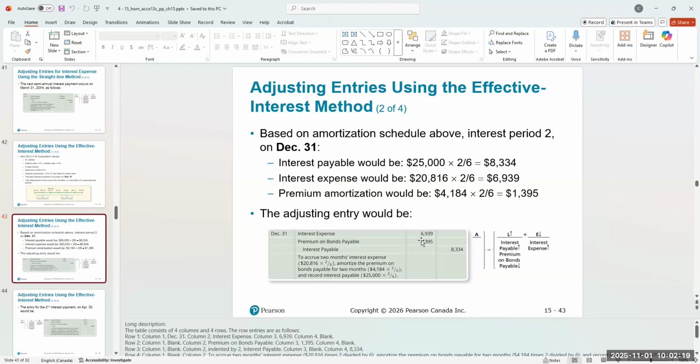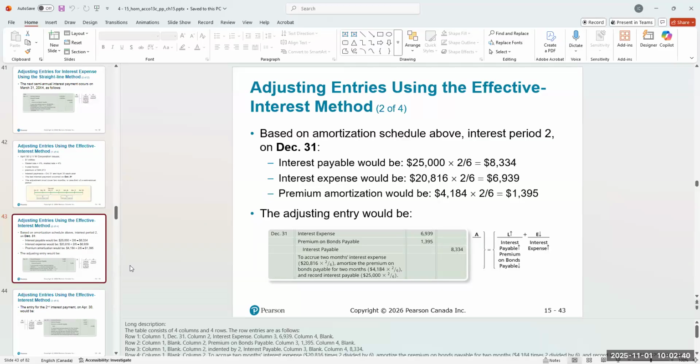Now the interest expense is going to be applied for the 2 months only. Premium on the bonds is going to apply for the 2 months only. And again, we're not paying cash. We're just showing the interest payable for the 2 months.